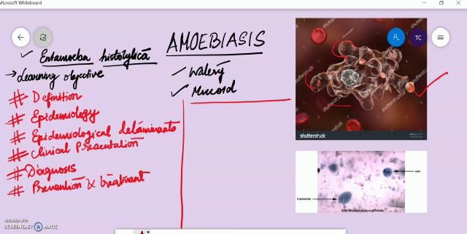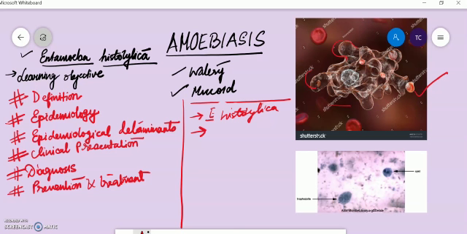So amebiasis is an infection with the intestinal protozoa Entamoeba histolytica.